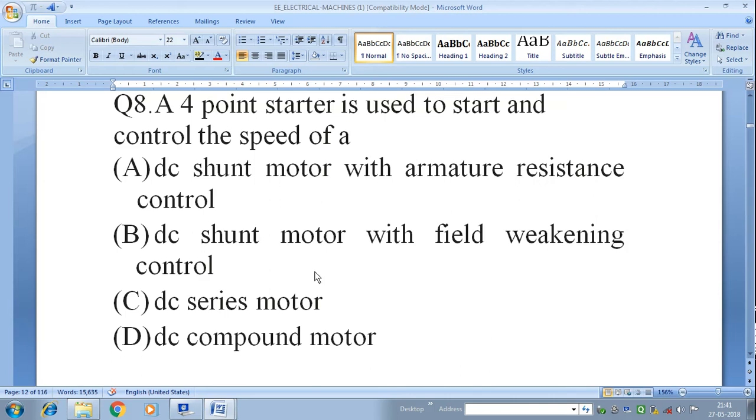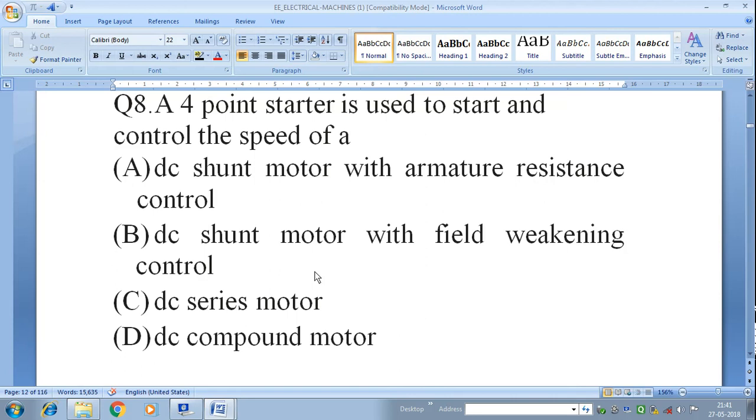it is possible by flux control method or field control method. That is, we have to decrease the flux. Once we decrease the flux, then the NVRC, no voltage release coil, will be demagnetized, and the starter arm will go to off position.